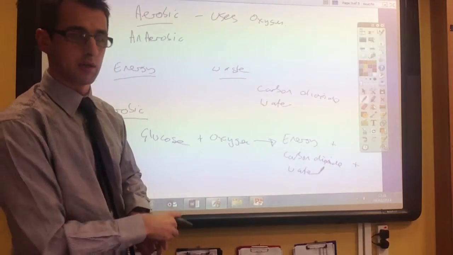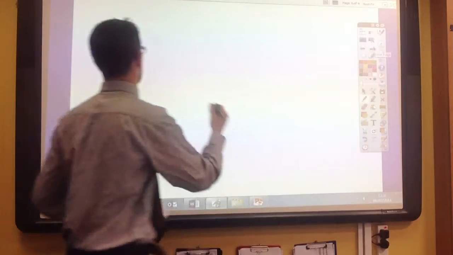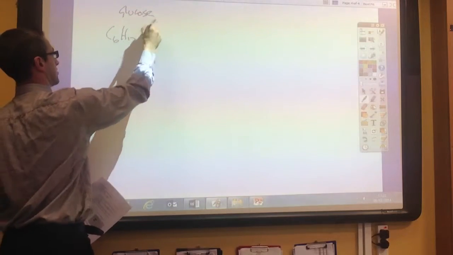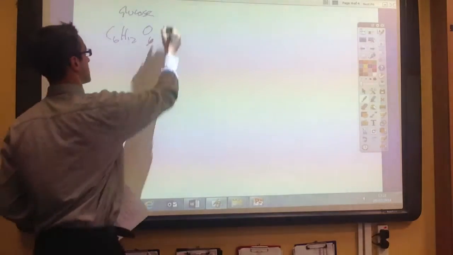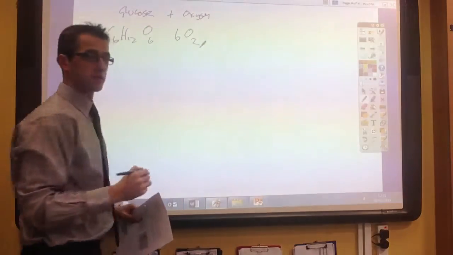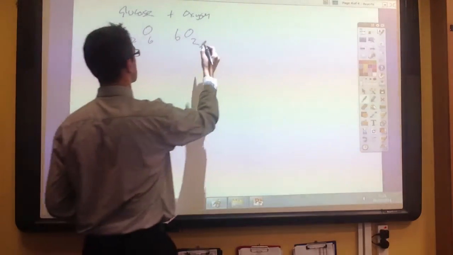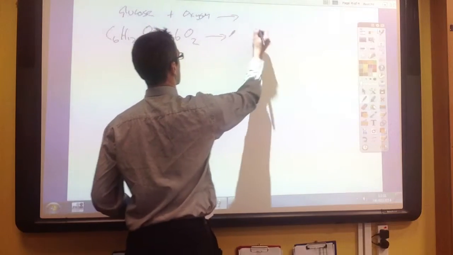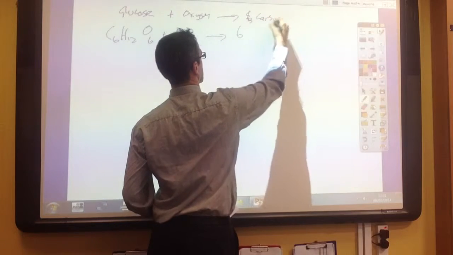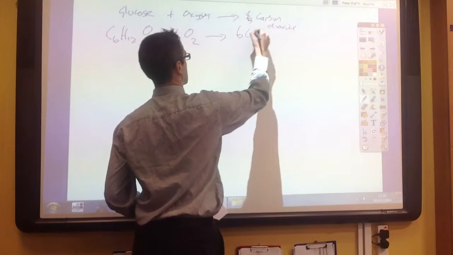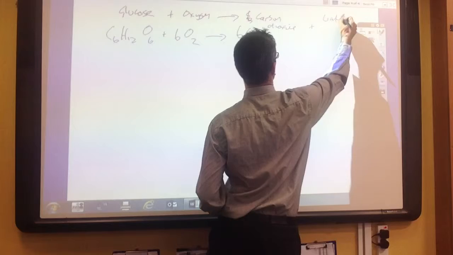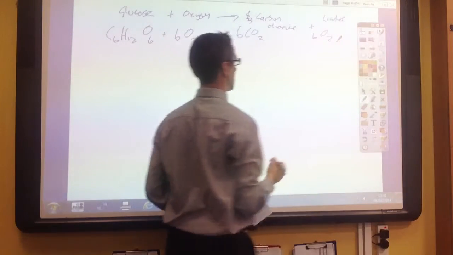You should know the chemical equation that goes with this. Glucose carries the formula C6H12O6, it's a carbohydrate, plus the oxygen, 6O2, we're going to put the 6 in because we're going to balance it, going to carbon dioxide, 6CO2, plus the water, 6H2O.